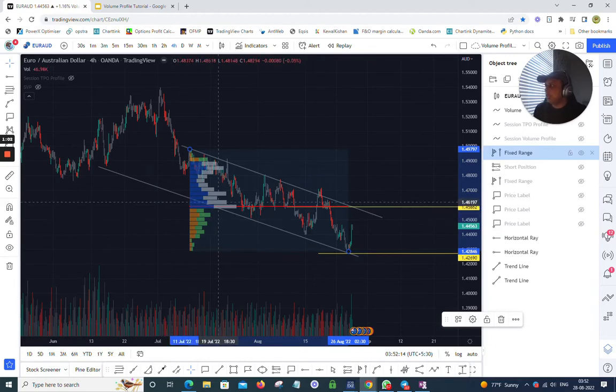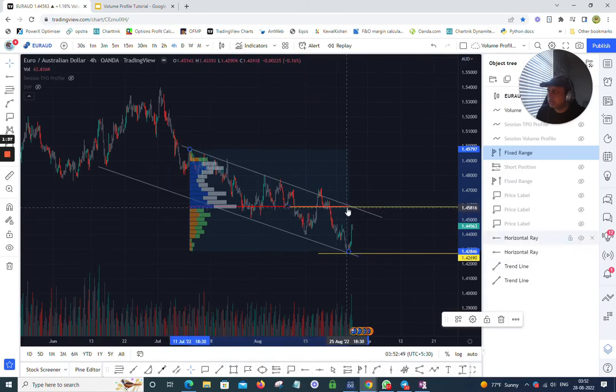This is telling me, from July 11th, 2022 to the present day, 26th August 2022, at which particular price points the maximum number of trades happened. You don't get that information when the volume bars are placed at the bottom, whereas when they're placed horizontally, you are able to see at which place the price is traded the most.